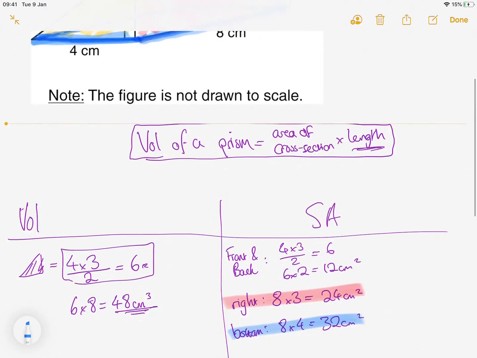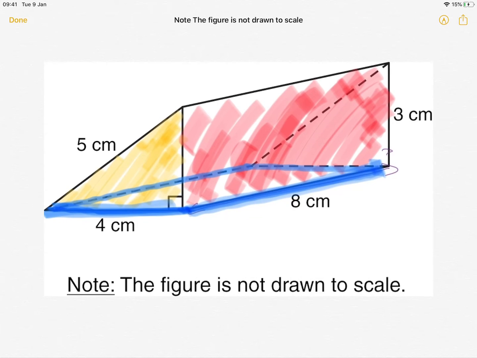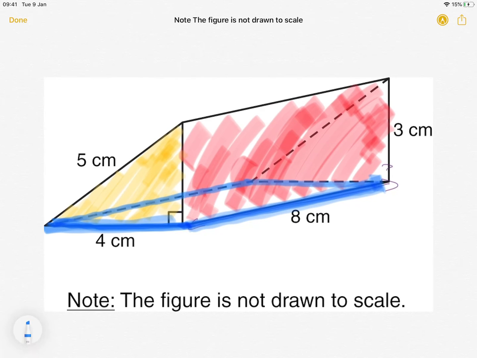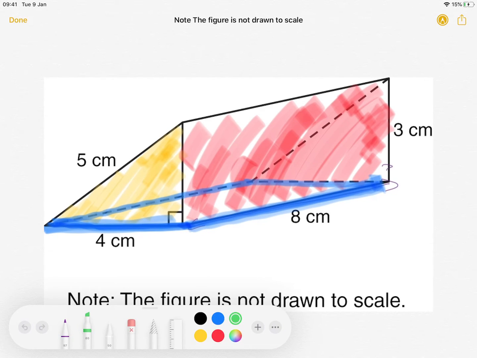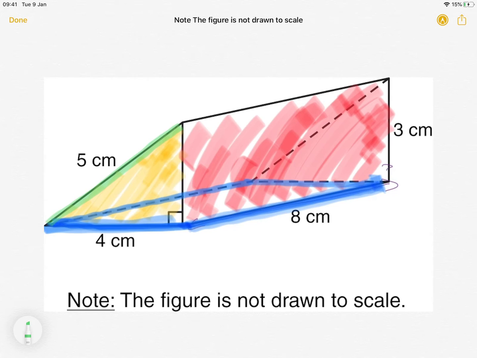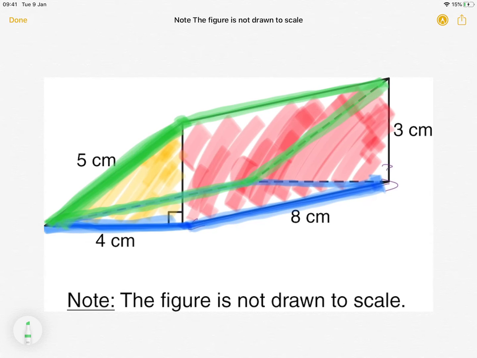Okay, final side is my rectangle that's a slope. So remember, a triangular prism is made up of 2 triangles and 3 rectangles. So you always need to make sure, have I got my 2 triangles, have I got my 3 rectangles? Well, your slope is this face here. So what are those dimensions? Well, I know that this is 5.